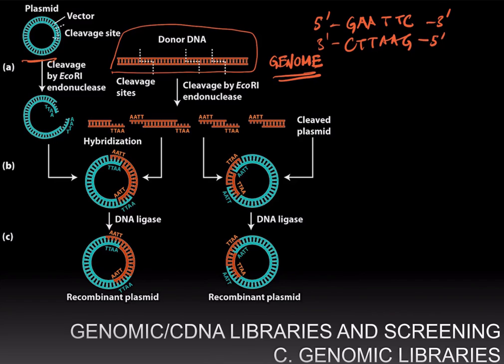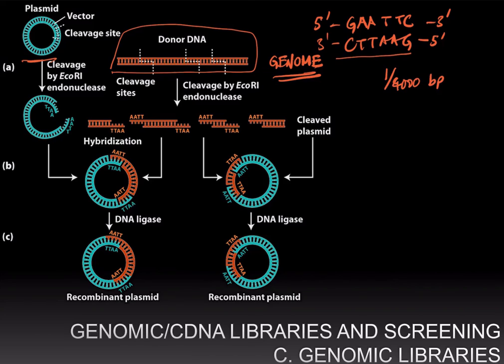Now, in any given genome, this pattern of sites will occur by random chance at some frequency. And for this EcoR1 site, it is going to occur roughly about 1 in every 4,000 base pairs.